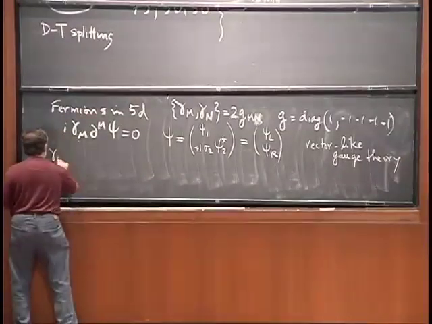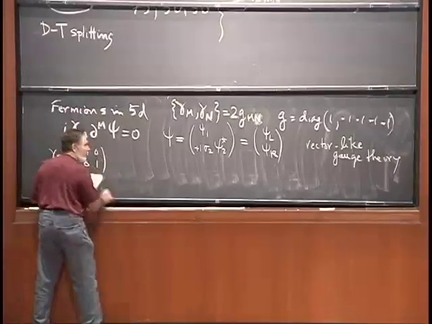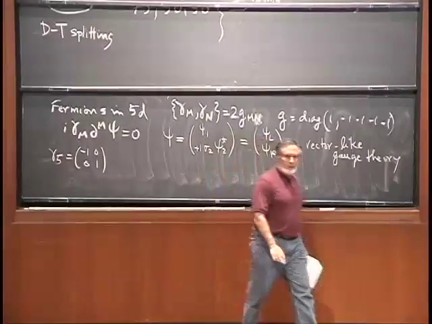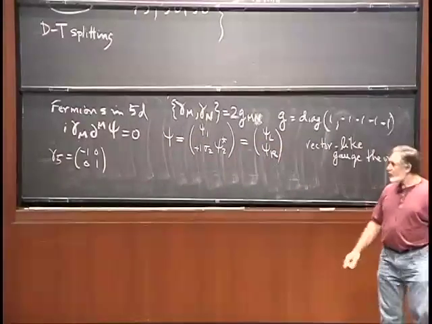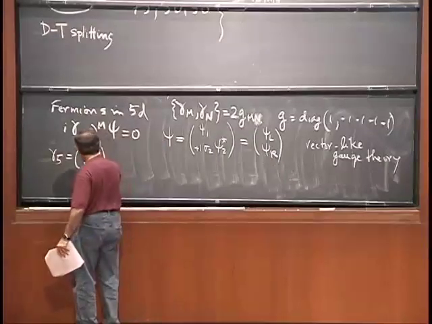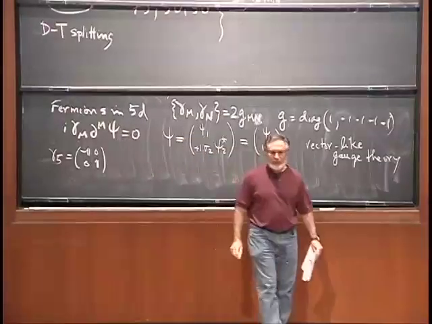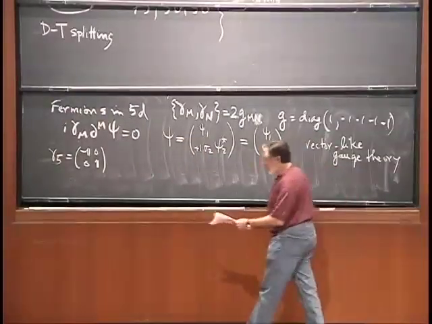Let's define the gamma 5 matrix here in a particular representation where I've diagonalized gamma 5. Let's choose it to be that. That's a 2x2 identity matrix up here, and a minus 2x2 identity matrix down there. Okay, so it's a chiral basis for gamma 5.